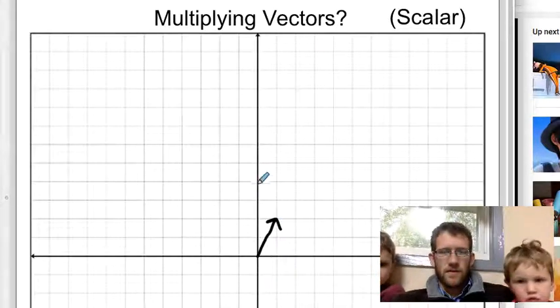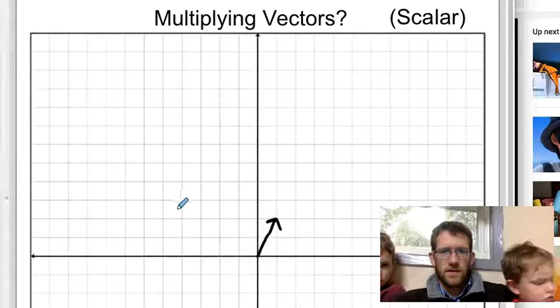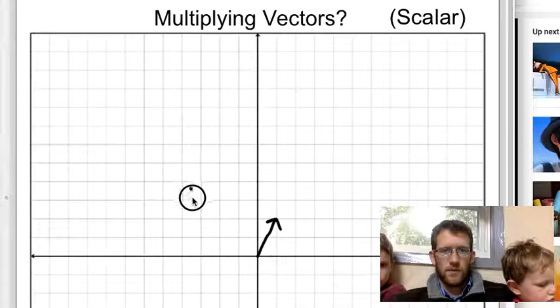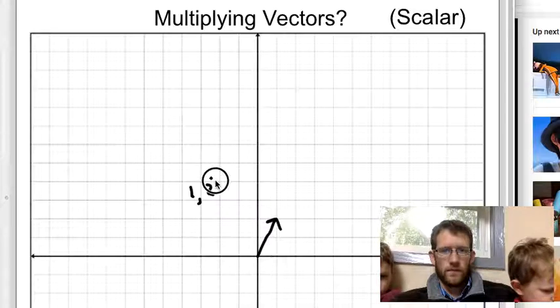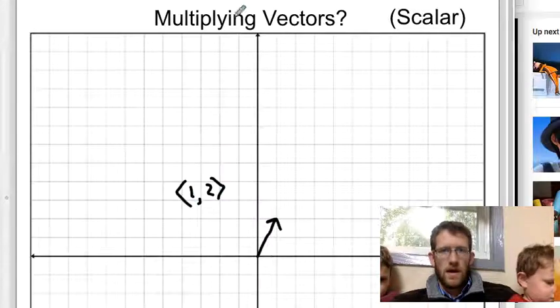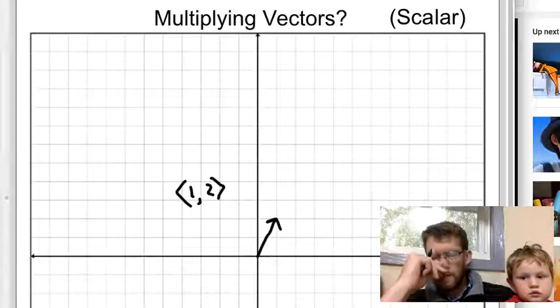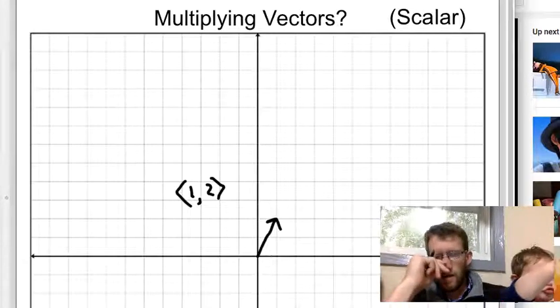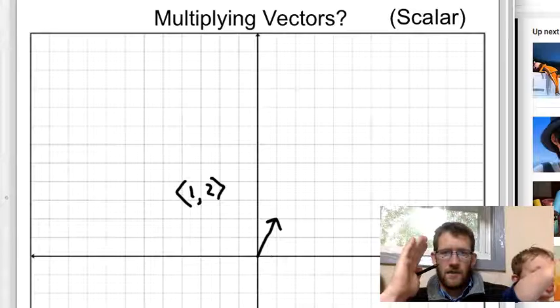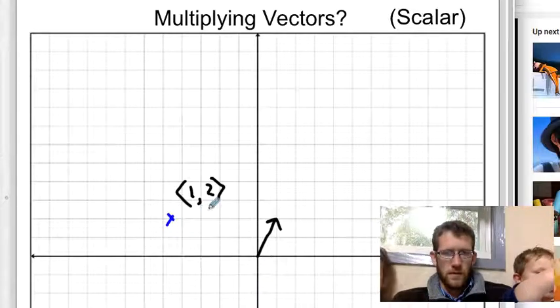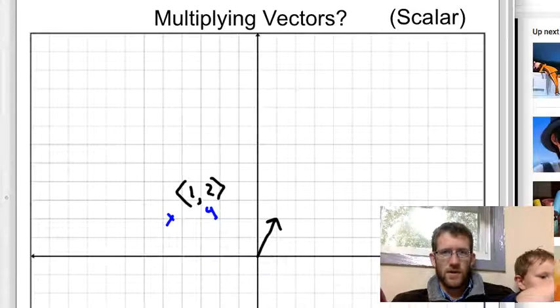So if I have a vector, we'll do a nice simple one here. This vector is 1, 2. I can multiply that by a scale factor, right? So I might say, okay, I want this vector, but I want it four times bigger. So if I multiply that by 4, Karen, ready for multiplication?